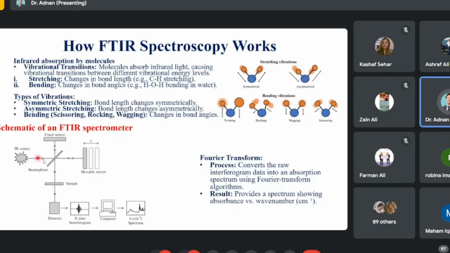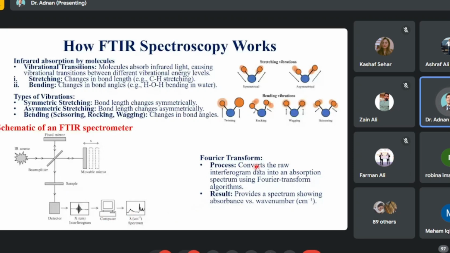When the light passes through the beam splitter, it goes to the mirrors, where the light goes up and down, and then it is Fourier transformed, and after passing the sample and the detector, the data is recorded. What is Fourier transformation?